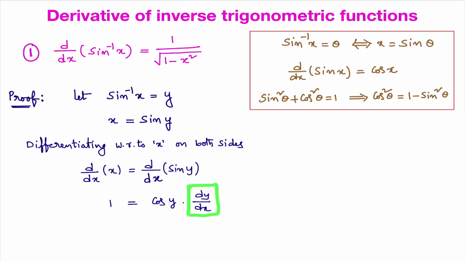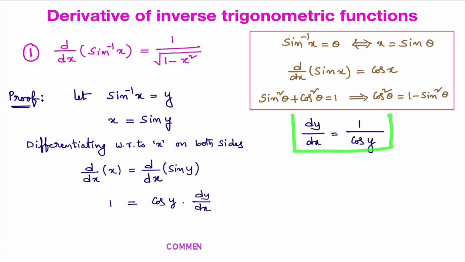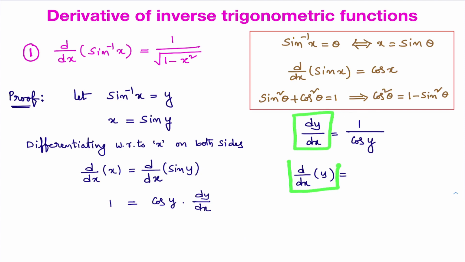I am trying for dy by dx. You see this one. Dy by dx equal to 1 divided by cos y. I got this from this step. I hope you are understanding. Here, very frequently used step, dy by dx is nothing but d by dx of y. What I am trying to say here, dy by dx and d by dx of y, both are same.